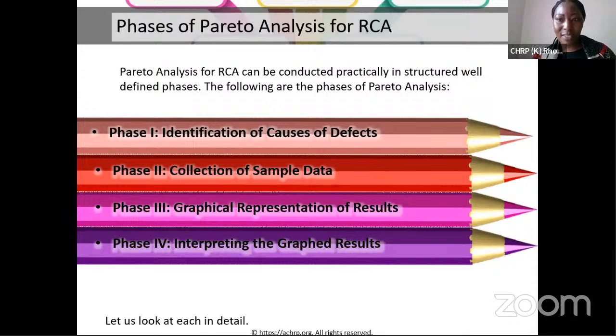Then the second phase, after you have identified all the causes, you have collected all the data, and you've been able to come up with all actionable items that you know you can resolve, you go to collection of the sample data. How would you do the sampling? The sampling, just like any research, it is just sampling.